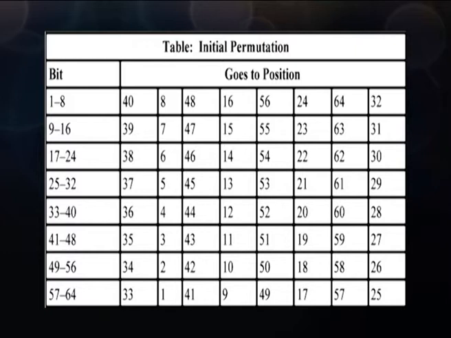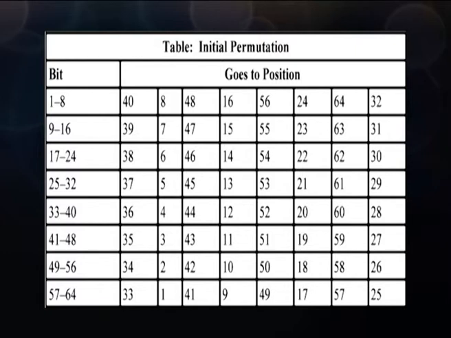Now, let us move on to the initial and inverse permutations of stage 1 and 18. The DES algorithm begins with an initial permutation that reorders the 64 bits of each input block. The rule for initial permutation is shown in the table.